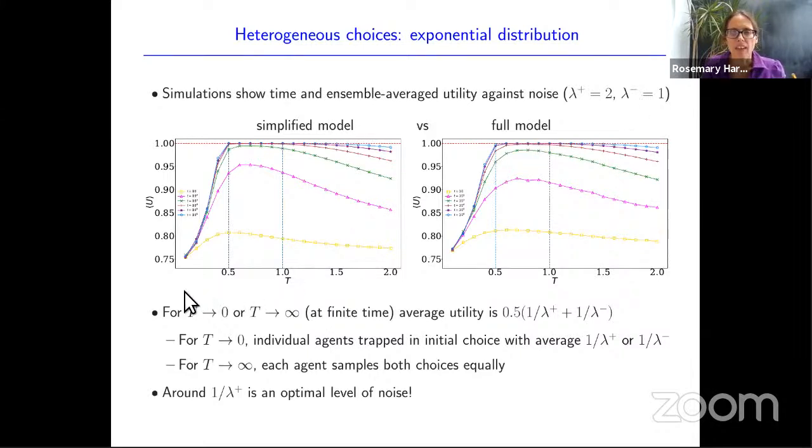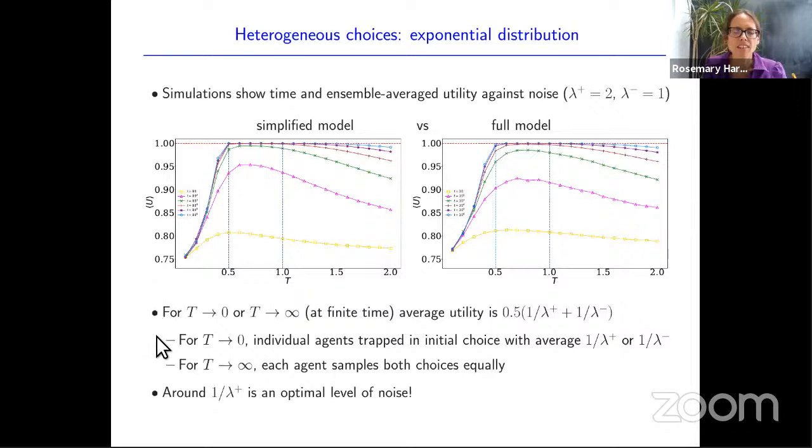I plot here the average utility against noise for both the simplified model and the full model, and what you see is that the qualitative features are rather similar. And in both cases, as noise goes to 0, or as noise goes to infinity with finite time, the average utility has this rather simple form, which evaluates to 0.75 here.